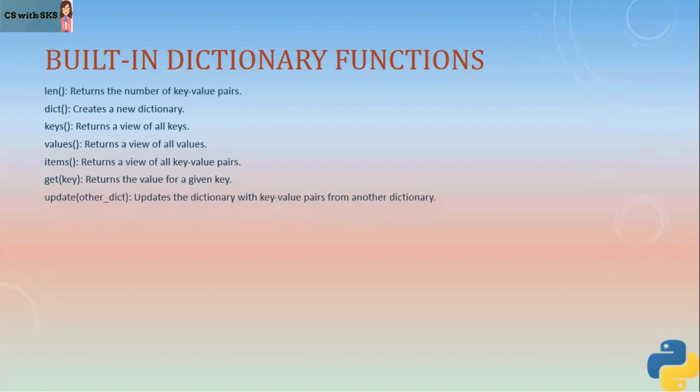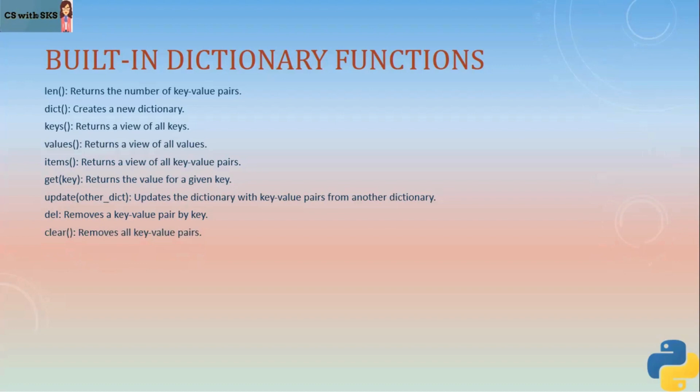Then update, other dictionary, updates the dictionary with key value pairs from another dictionary. So you can utilize this function to update a dictionary with key value pairs from any other dictionary. Del will remove a key value pair by key. So you can just mention the key and then that key value pair will be deleted.